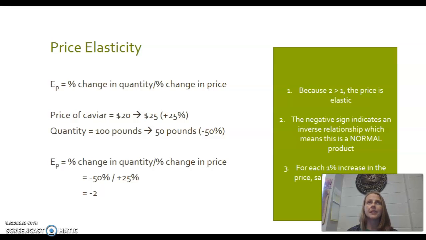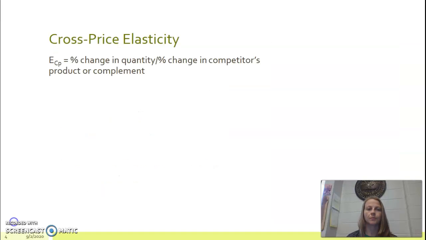What that means is as the cost goes up, the quantity consumed goes down, and that is normally what happens with a product. This also tells us that for each 1% increase in the price, sales are going to decline by 2%. So you can imagine how a manager could use this knowledge to determine where to set a price point.